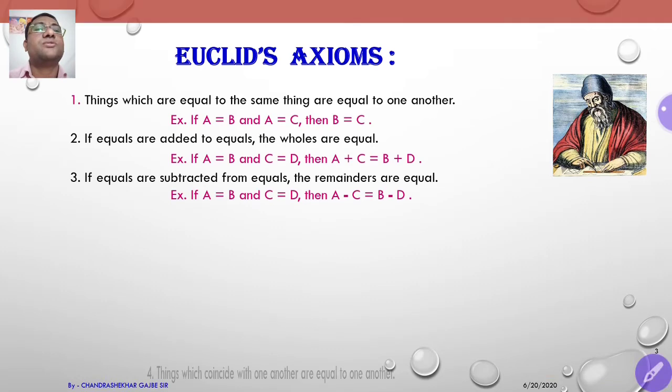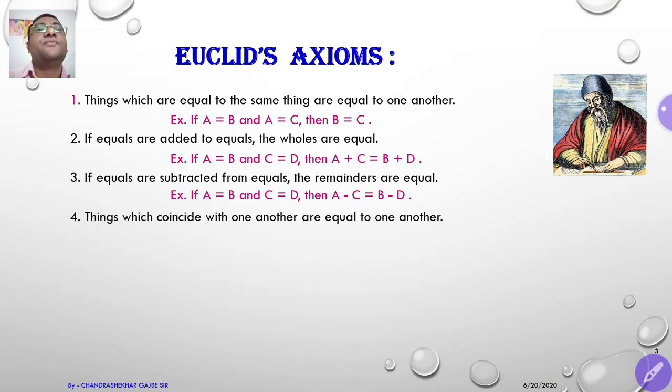Next axiom is axiom number 4. Things which coincide with one another are equal to one another. That means if there are two things and they coincide with each other, then those two things are equal to each other.